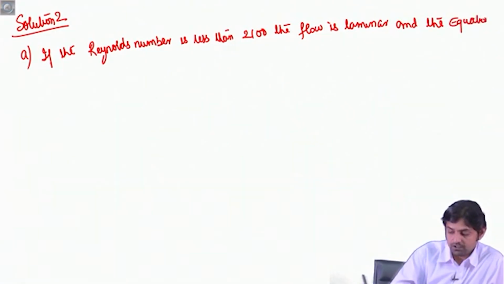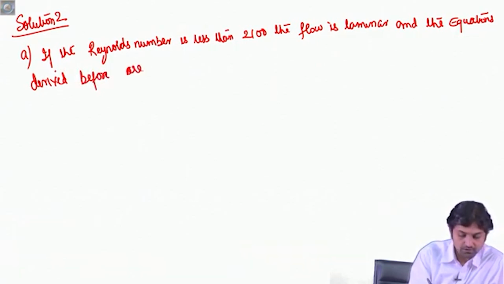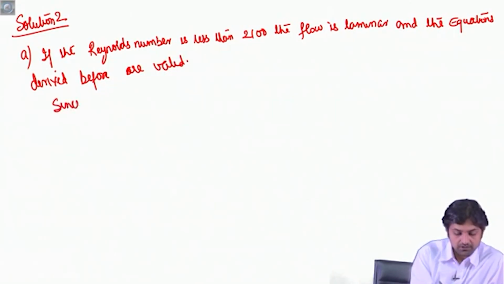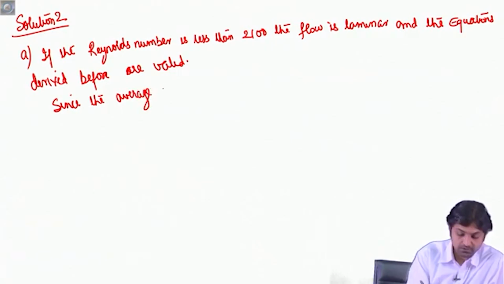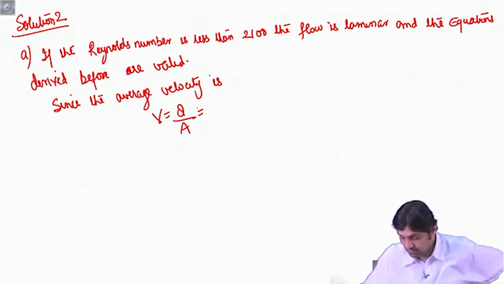And the equations derived before are valid, since the average velocity is v equal to Q by A.